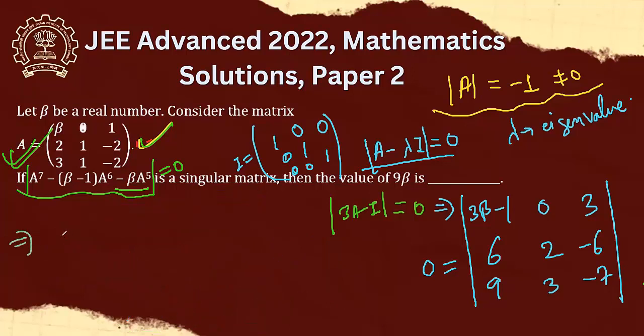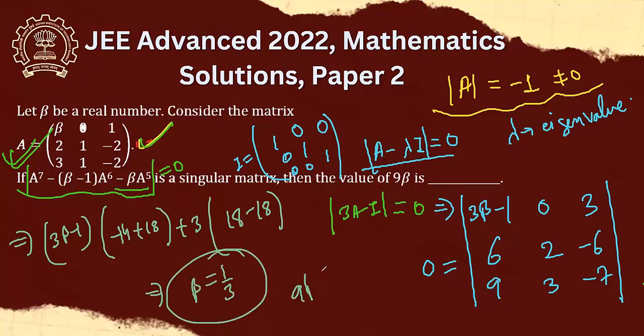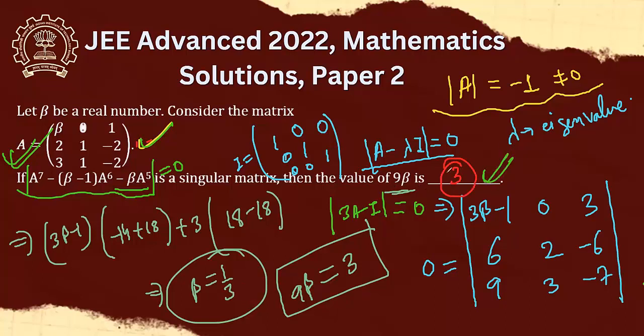Solving that determinant equation, we get (3 beta minus 1) times (minus 14 plus 18) plus 3 times (18 minus 18). So this is 0, and I can say beta is equal to 1 by 3. That means 9 beta is equal to 3, right? They're asking what is 9 beta? 9 beta is nothing but 3. So the answer here becomes 3. Okay. Thank you.